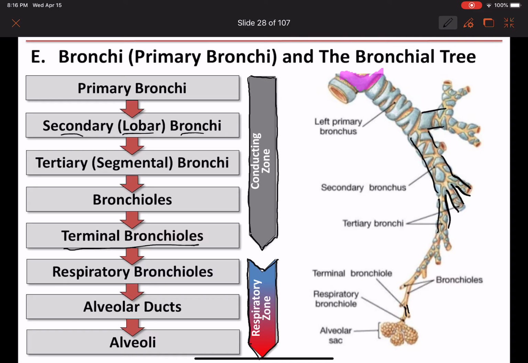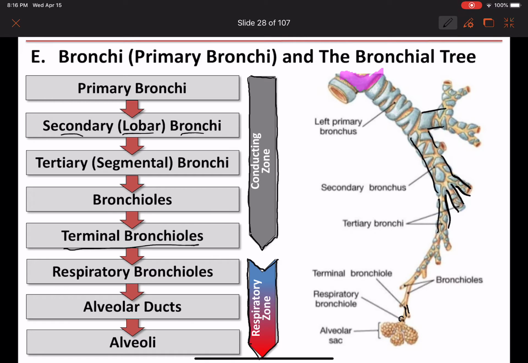So at a certain level, the terminal bronchioles then give rise to the respiratory bronchioles, which are just little air tubes, just like the terminal bronchioles, except that they have little air sacs attached to them. And you can kind of see this in this diagram ever so slightly, and you'll see better pictures as we go along. So because these respiratory bronchioles have little air sacs or alveoli attached to them, and the main purpose of these alveoli is facilitating respiration, we know them as respiratory bronchioles.